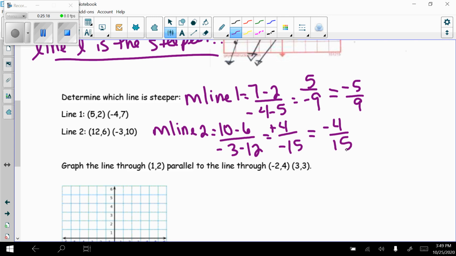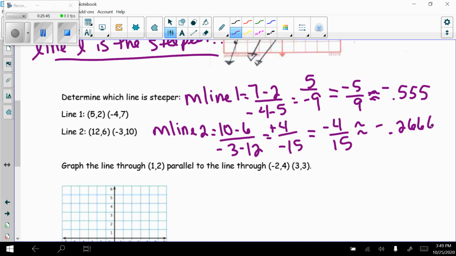So -5/9. If we put that in our calculator and divide -5 divided by 9, this is approximately -0.555. Now let's do the same thing with -4/15. So again, do -4 divided by 15, and this is approximately -0.2666.